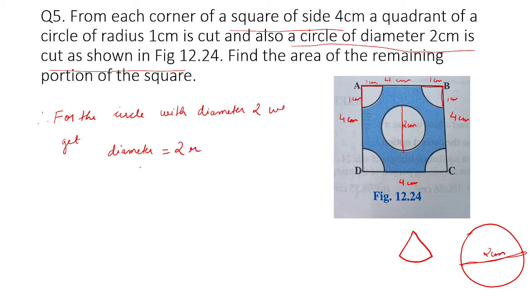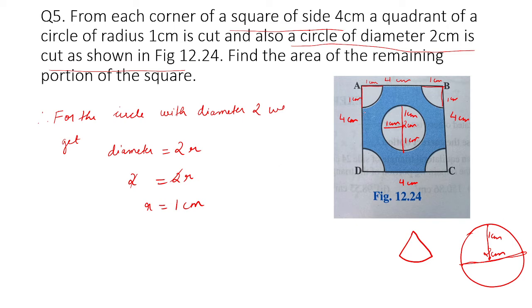They have given the diameter to be 2, and this is going to be 2r, so cancelled. So the radius of this circle is also going to be 1 centimeter. Clear? Diameter is the entire thing, and from the center of the circle to this end is called the radius. So keep that in mind.